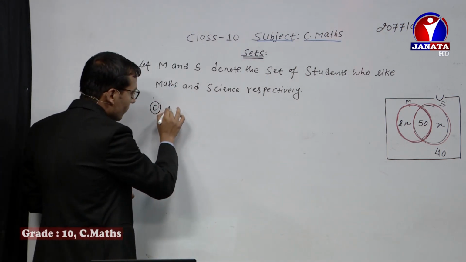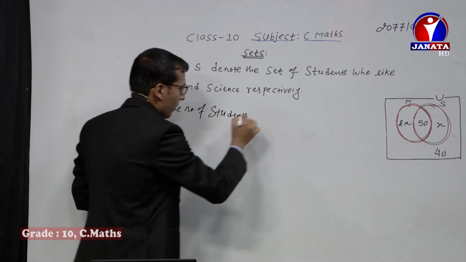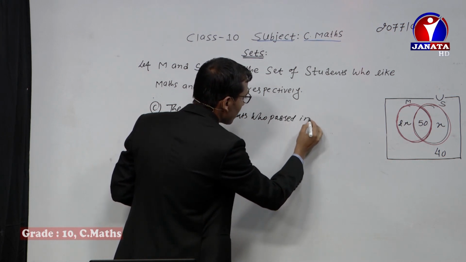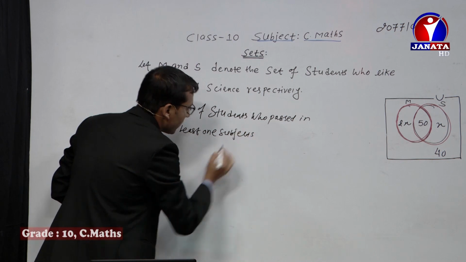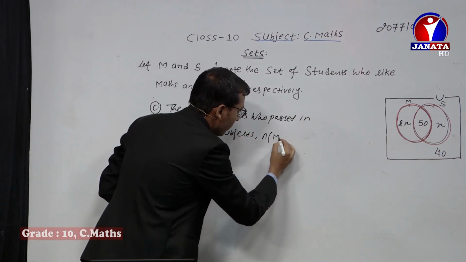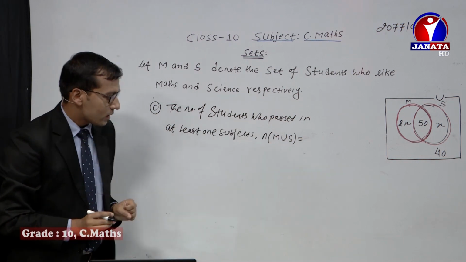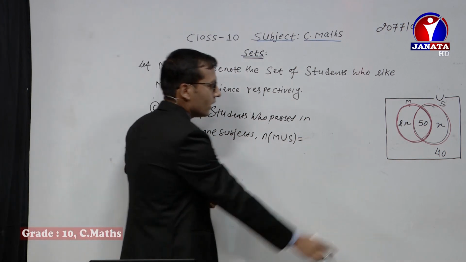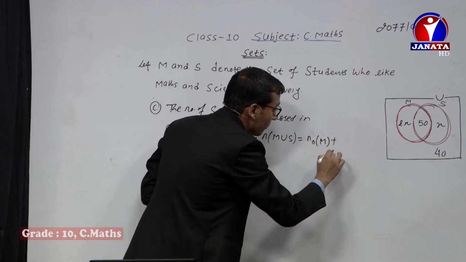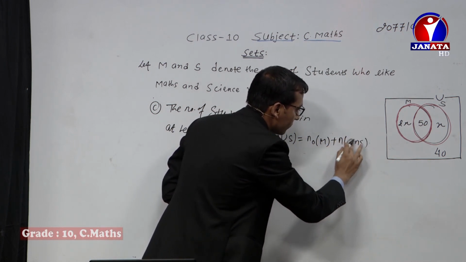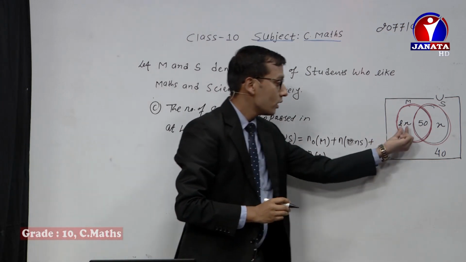So number C, the number of students who passed in at least one subject, this is n of math union science, which is n only M plus the intersection of math and science plus n only S. So let's add these numbers: 2x plus 50 plus x.